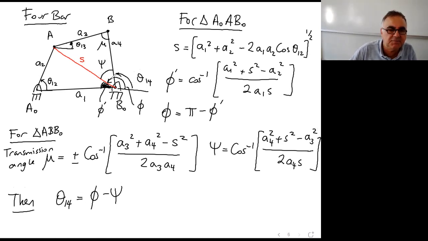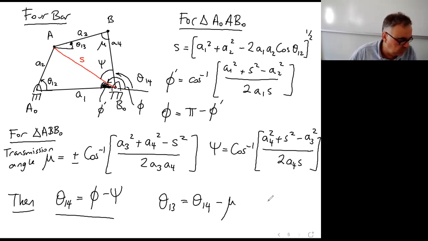Okay, you can see it from here, which can be found. And theta 1,3, it's not very obvious, but I will show it to you. Once you solve for theta 1,4, it's theta 1,4 minus mu.